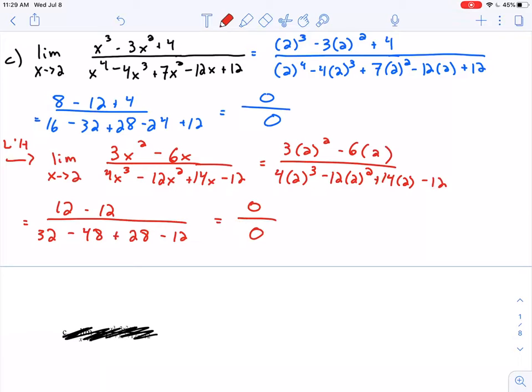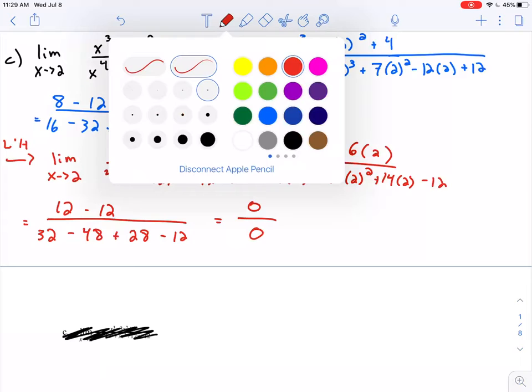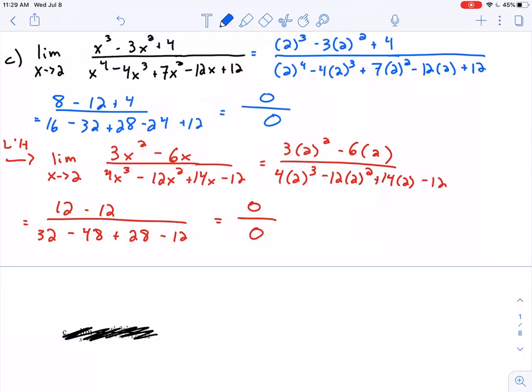So I guess we'll try L'Hopital's rule again. We ended up with 0 over 0, so let's try it one more time. If I use L'Hopital's rule here, I still want to look at the limit as x approaches 2. The derivative of my numerator and the derivative of my denominator.